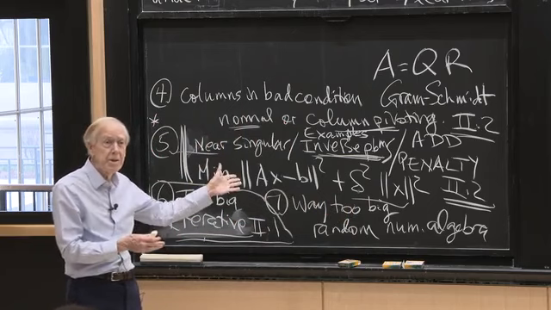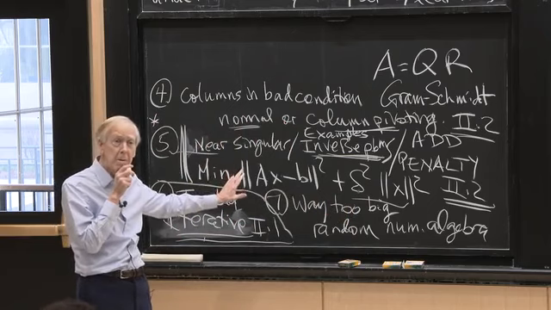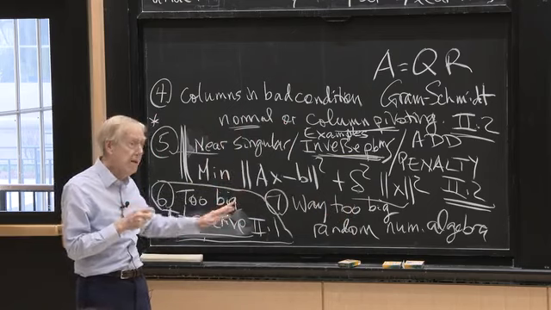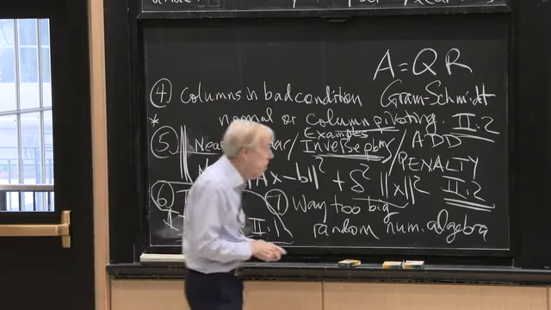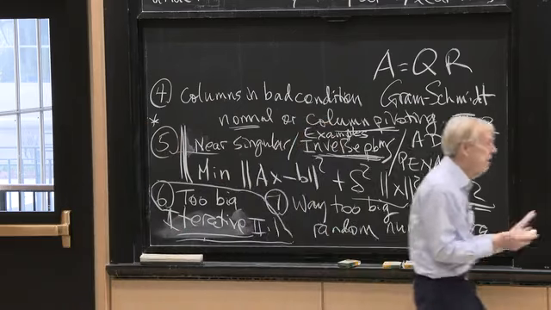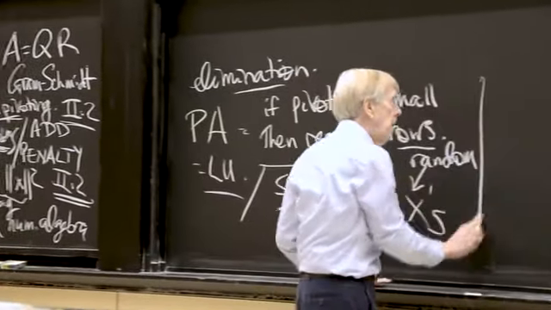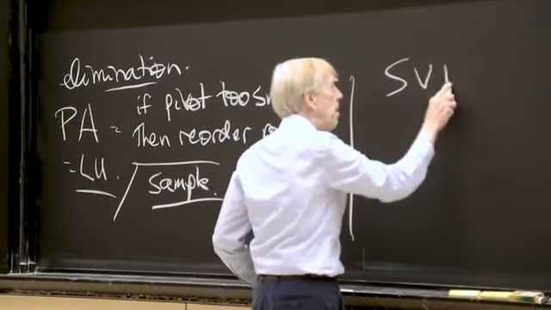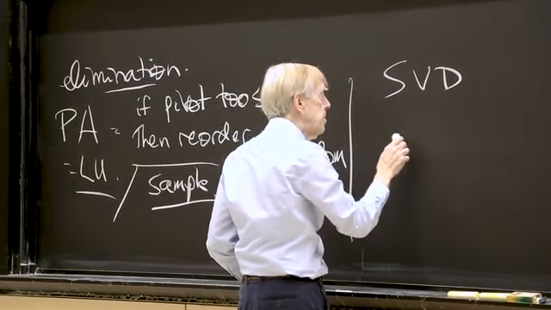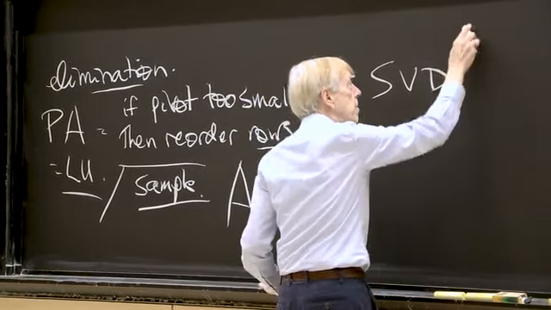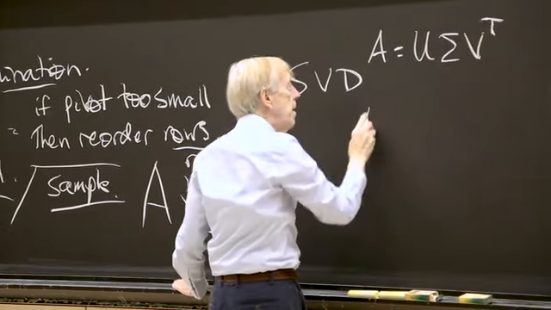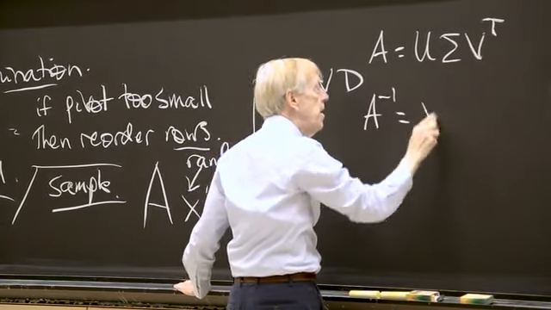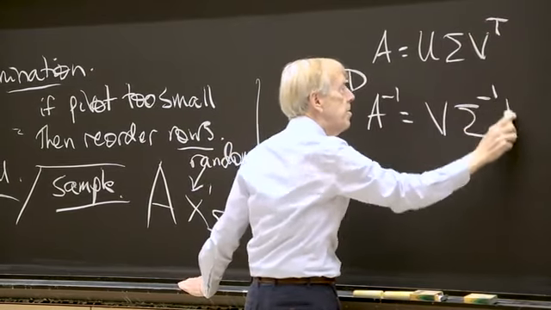I haven't even mentioned the SVD here as an algorithm, but of course it is. The SVD gives you an answer. So A equals U sigma V transpose, and then A inverse is V sigma inverse U transpose.